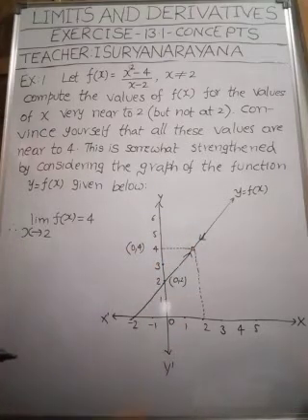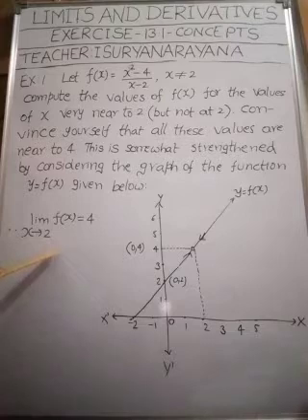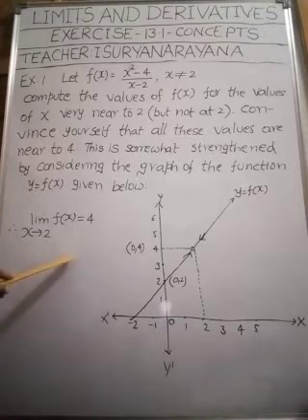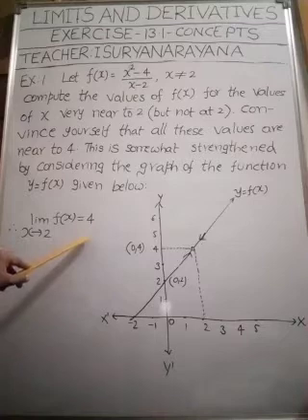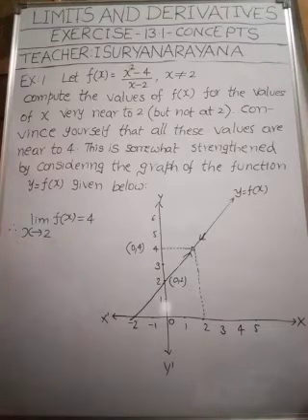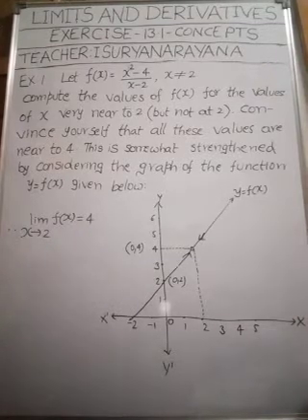So we say that as x tends to 2, or as x approaches 2, limit f of x is equal to 4. Okay, my children, understood? Right.